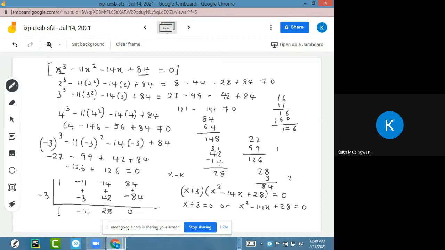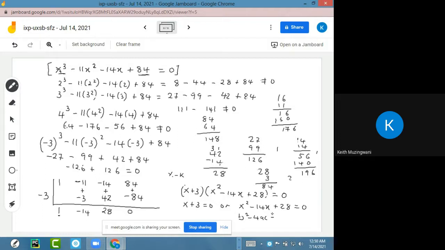So to use the formula, let's check the discriminant. B squared minus 4ac. Let's check what this is. So b squared, that is 14 squared. 14 squared is, what is 14 by 14? 6, carry 1, 4, 5, 0, 4, 1, 6, 9, 196.